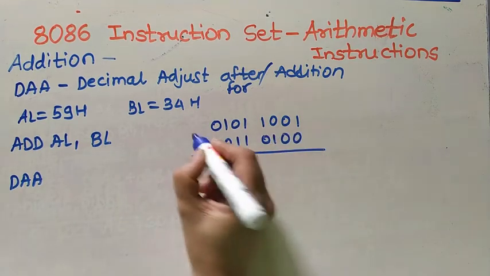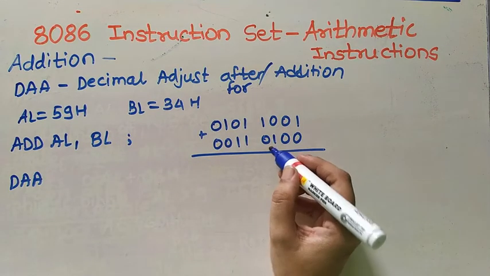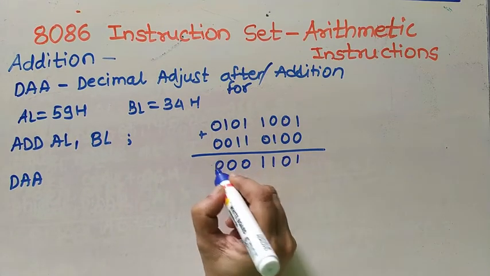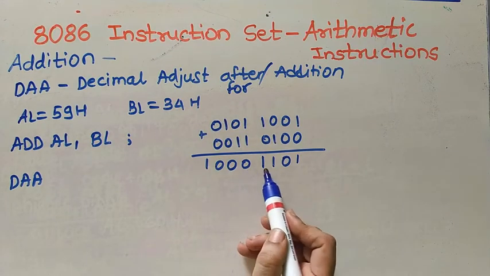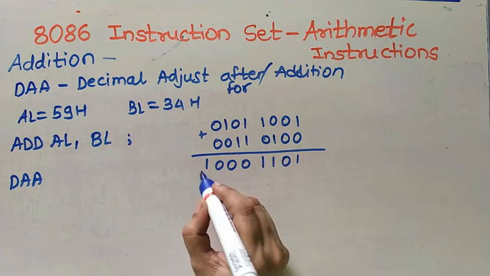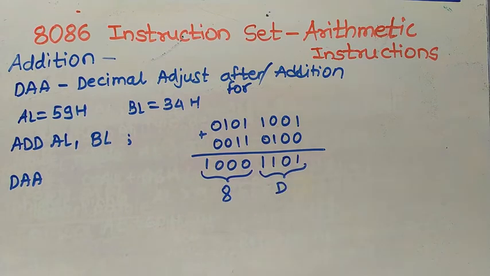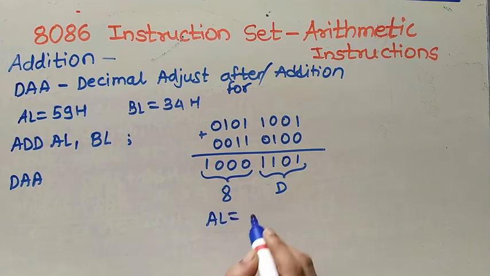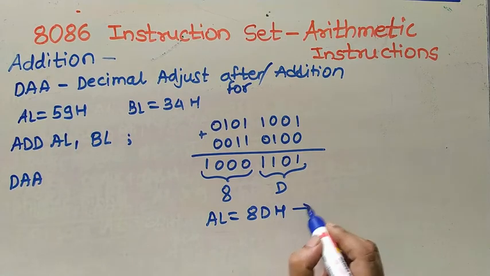After this addition, we get the result 10001101, which is nothing but 8 and D. So after this addition, AL has 8DH, which is an invalid BCD after addition.